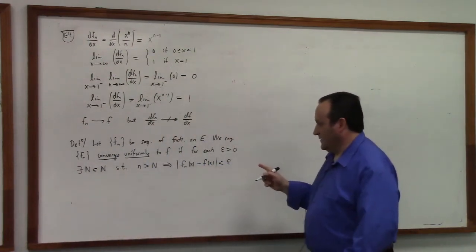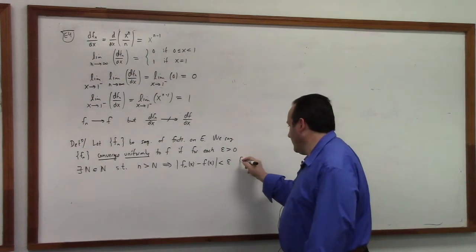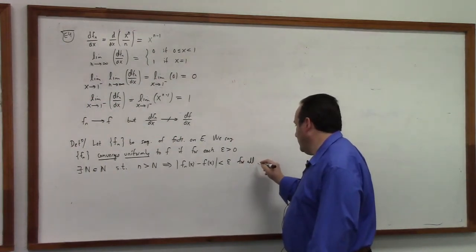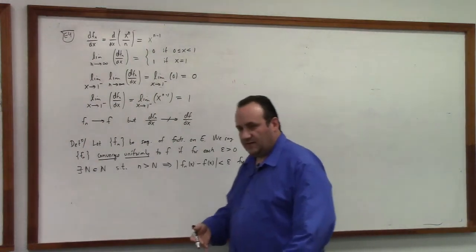But here's the catch. This doesn't hold for one x, it holds for all x in E. And that's the uniformity of the convergence.